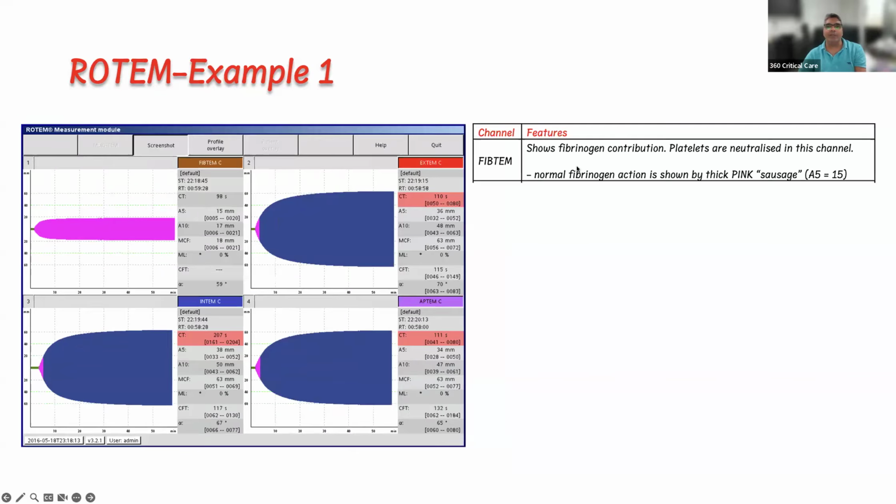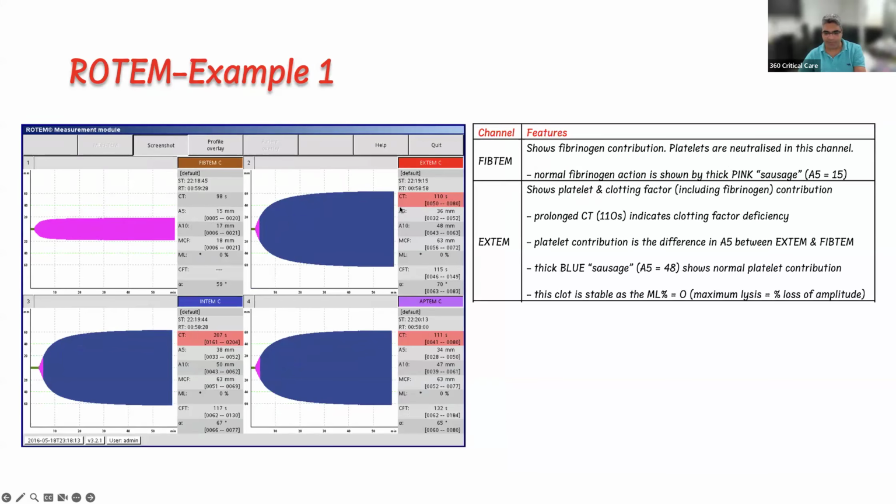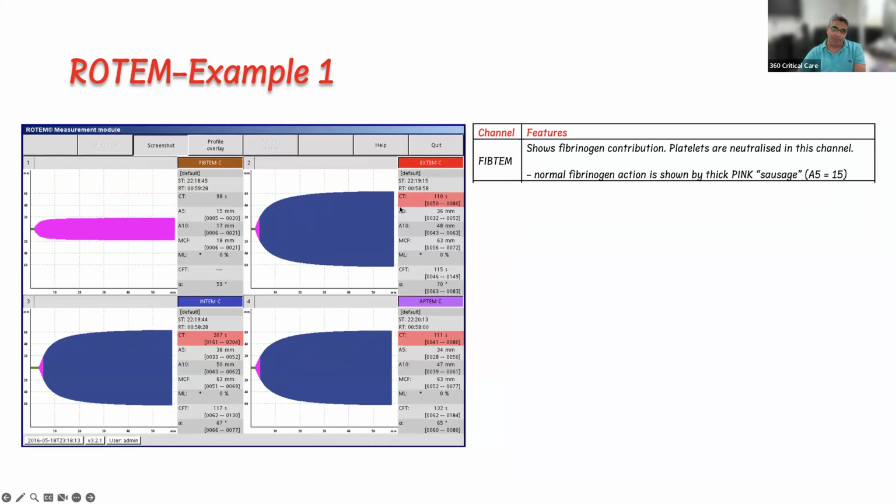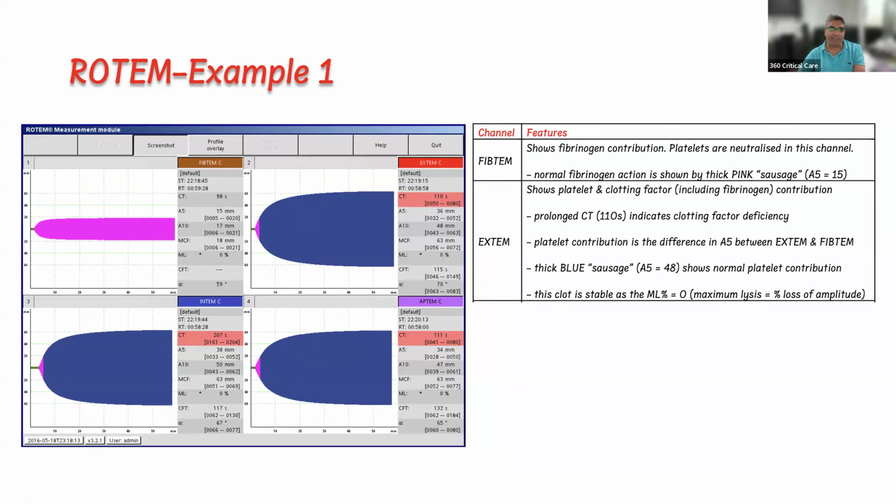First one. So as I said, FIBTEM shows the contribution of the fibrinogen. Platelets are neutralized in this channel. We discussed that. So in this case, the FIBTEM A5 is normal. It's 15, so that's normal. There's no issue with the fibrinogen here. The next channel that we see is the EXTEM. So what do we know about EXTEM?